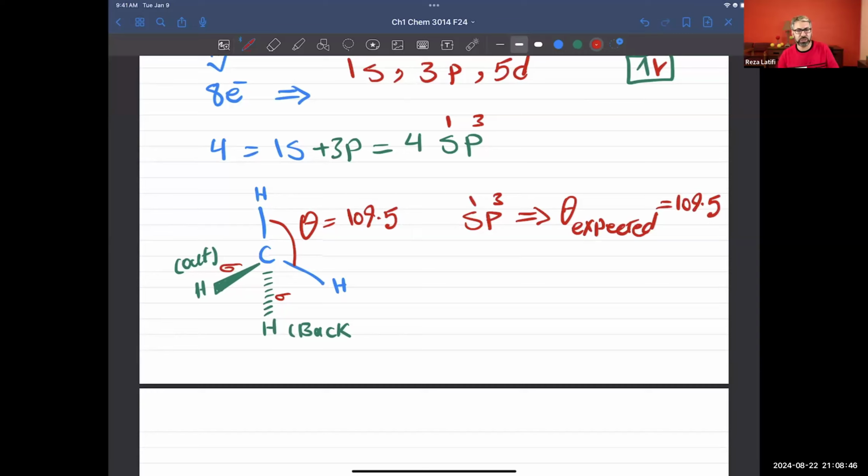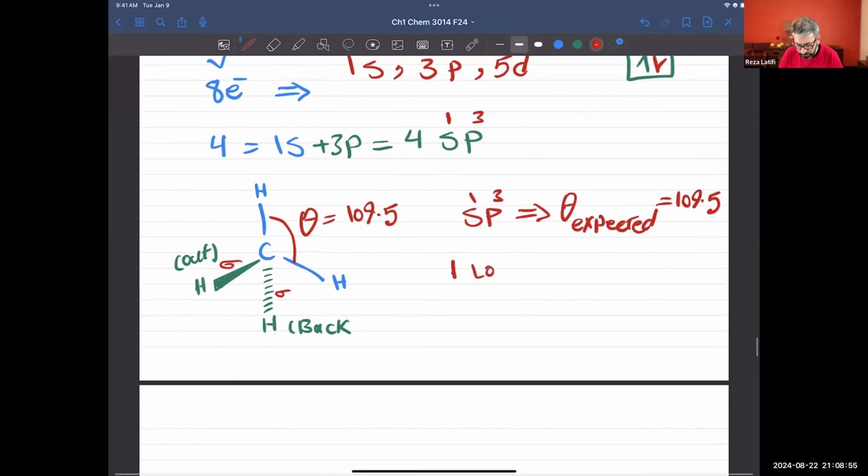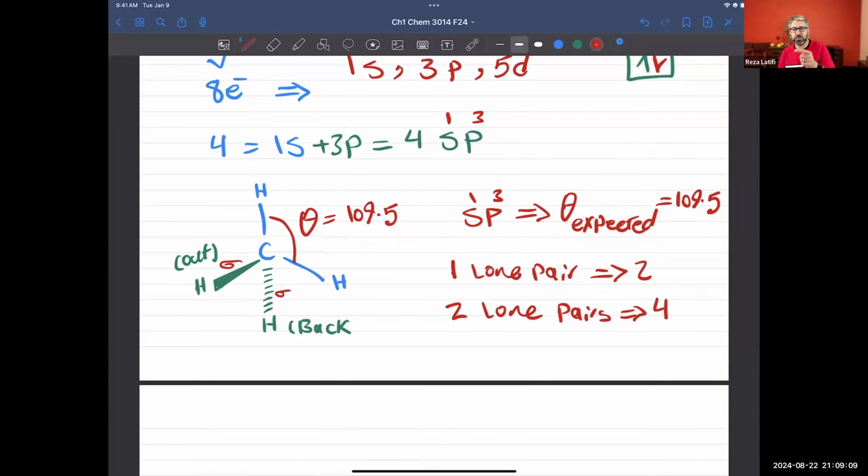Why do I say expected? Because I want to know whether there is a lone pair or not. If there is a lone pair, you're going to drop something from 109. If you have one lone pair, go down by 2 degrees. If you have two lone pairs, go down by 4 degrees, so you subtract 4 from 109. So for the first one it will be around 107, and for this one around 105.